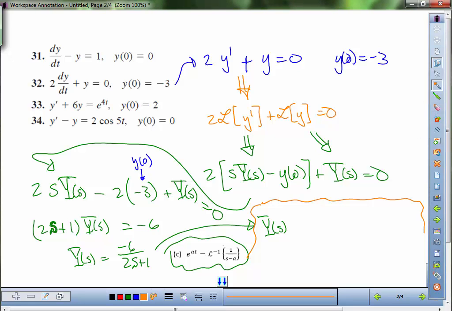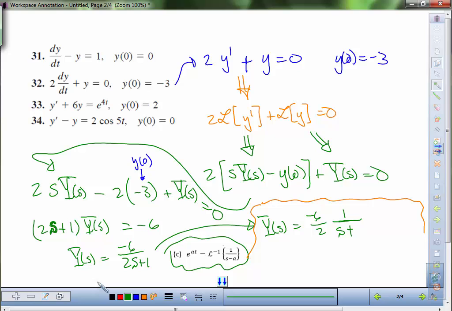So we have Y of s is equal to, the minus 6 is a constant, so let's move that out. And let's pretend that we factored out a 2 from the bottom. We can't just take a 2 out and have it all fine and dandy, so we need to force a 2 out of this 1.